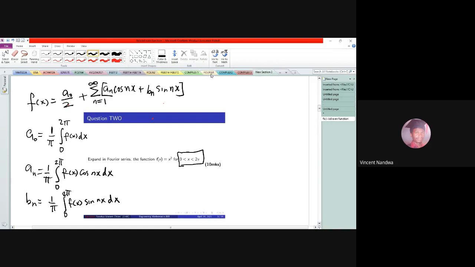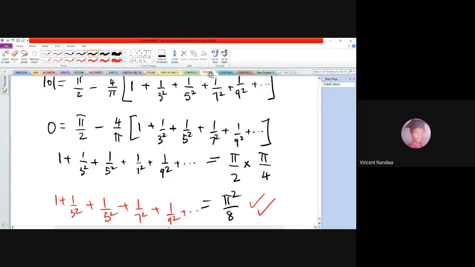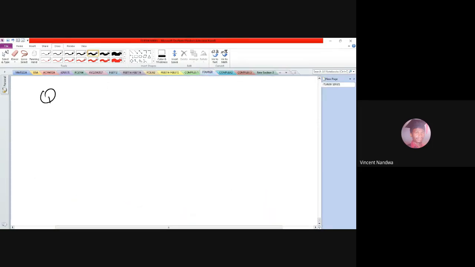So let's give the values. So this question 2: a naught will be given by 1 over pi, 0 to 2 pi, and then f of x is x squared dx.